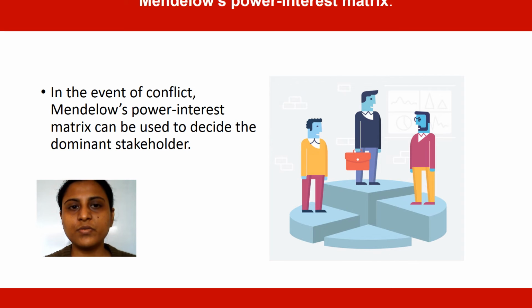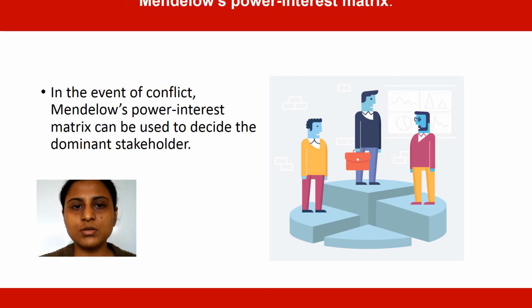So in the event of conflict, an organization will need to decide which stakeholders' needs are more important than the others. This will commonly be the most dominant stakeholder, or the one with the most power, whose needs will be given priority. Now if an organization is having difficulty deciding who the dominant stakeholder is, then they can use Mendelow's power interest matrix.